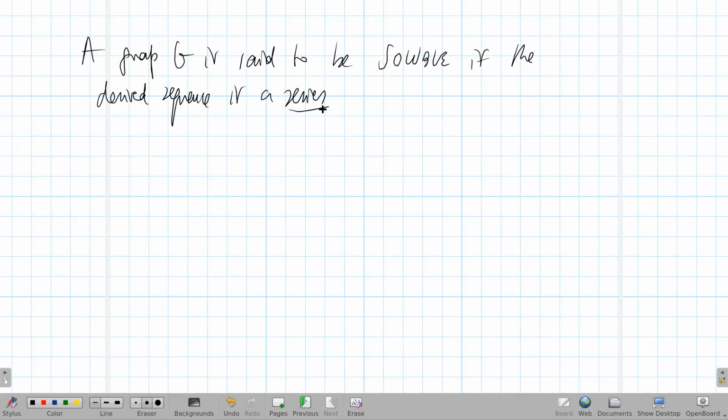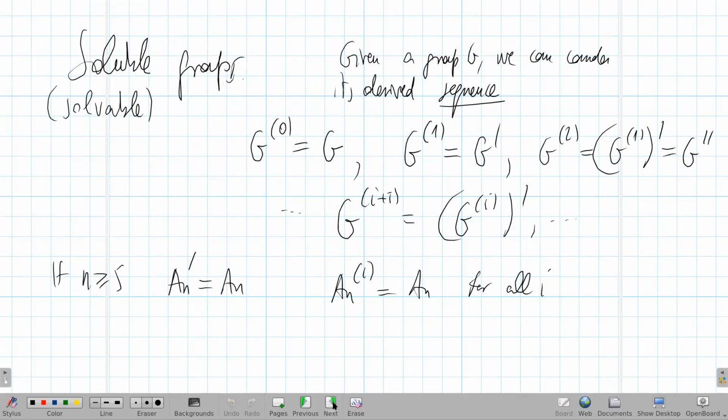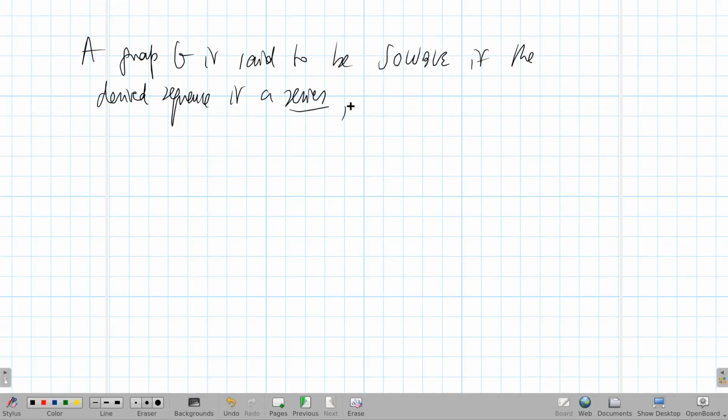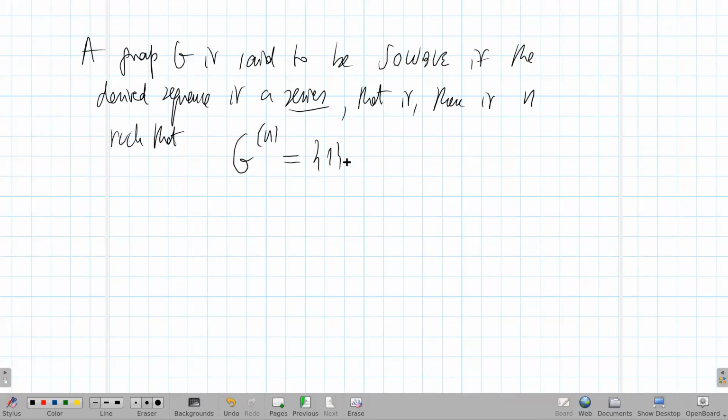So what it means to be a series is that it starts from G, which is okay because you start with G, and it ends with 1. That is, there is n such that G to the n is equal to 1. I'll sometimes write simply 1 for the trivial subgroup, but here I'm being proper, and I've written it with the braces, okay?